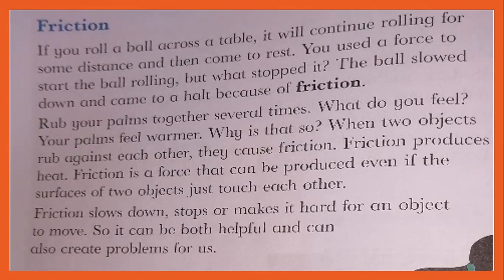You used a force to start the ball rolling, but what stopped it? Why did the ball stop? The ball slowed down and came to a halt because of friction. The friction stopped the ball.